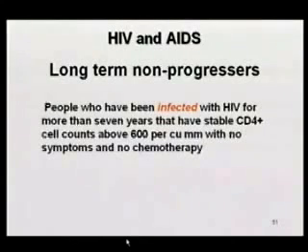And then there are the long-term non-progressors. These are people who have been infected with HIV, but keep their CD4 cells up. So these are probably a very heterogeneous group of people that are mounting a pretty good immune response.